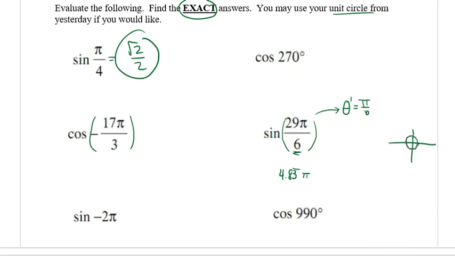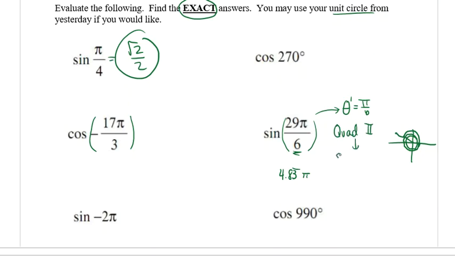So 1 pi, 2 pi, 3 pi, 4 pi, and then 5 pi over 6. This is coterminal to 5 pi over 6. It's going to have a reference angle of pi over 6, so we're in quadrant 2.